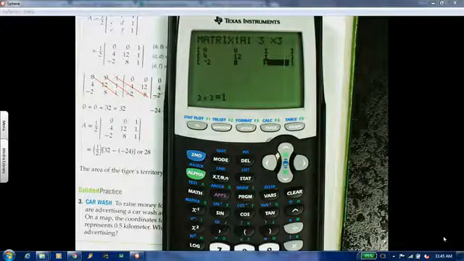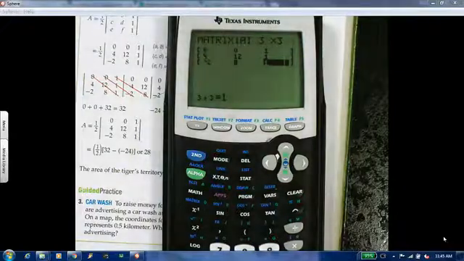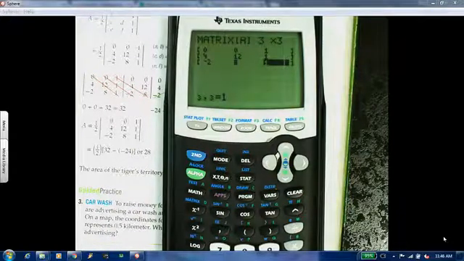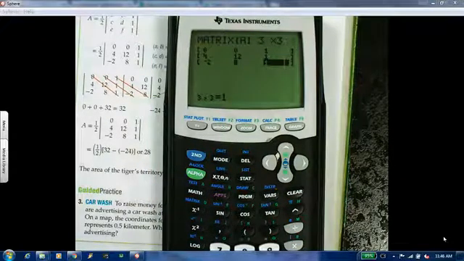Type it in. Take half of that. That's your area.